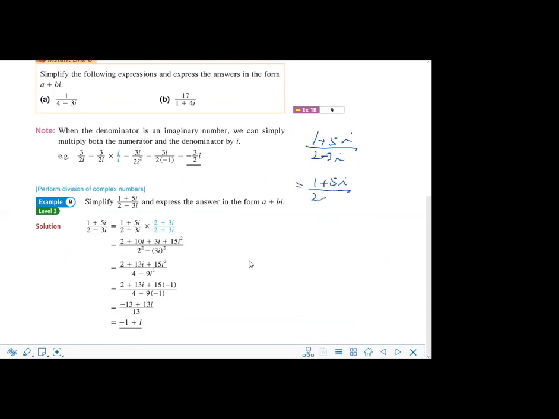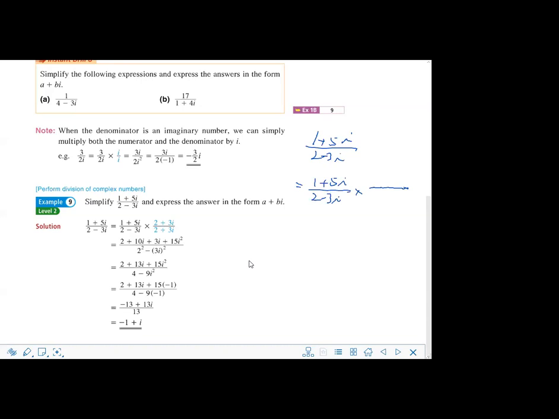Remember, the extra thing we multiply by, do we target the numerator or the denominator? It targets the denominator. Okay, so we need to focus. We need to attack the denominator, not the numerator.